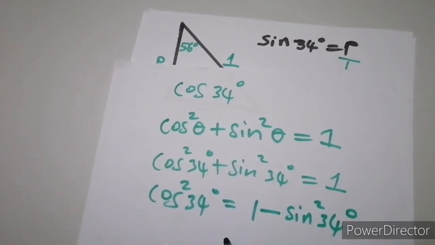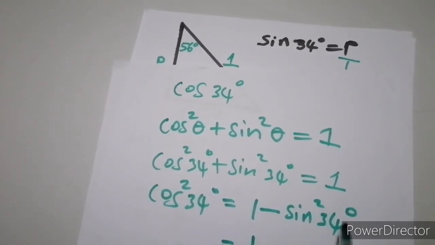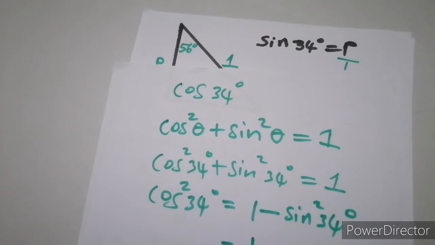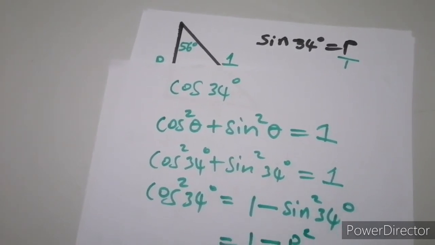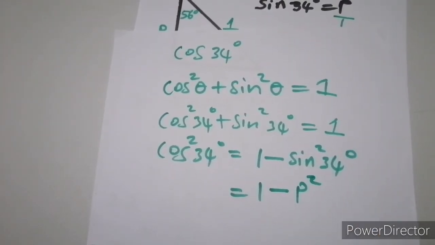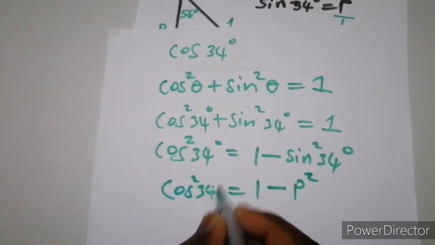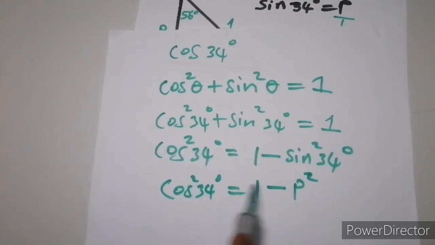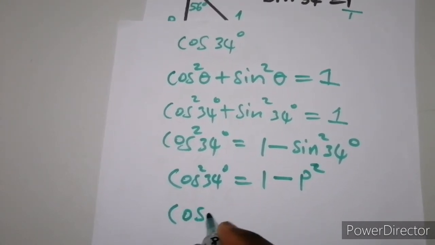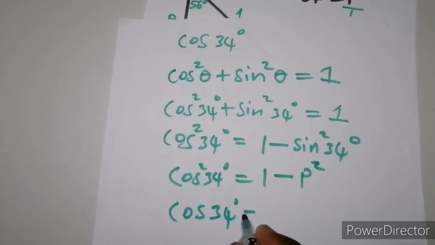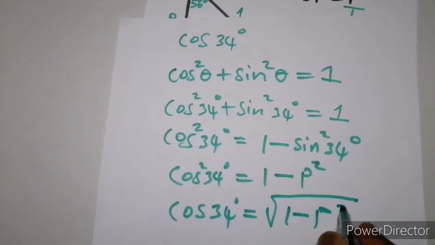And then what is sine 34 degrees? It is p. Then we're going to substitute the sine of 34 by p. This is p squared. Then now we're going to remove the square by applying the inverse operation of square root on both sides. Then the answer is cos 34 degrees is equal to the square root of 1 minus p squared.